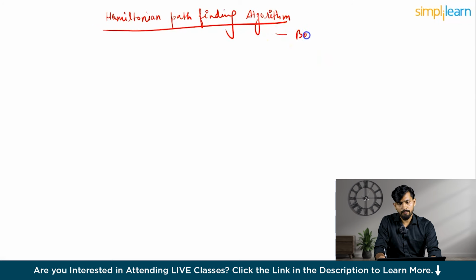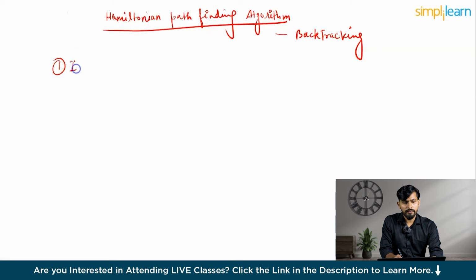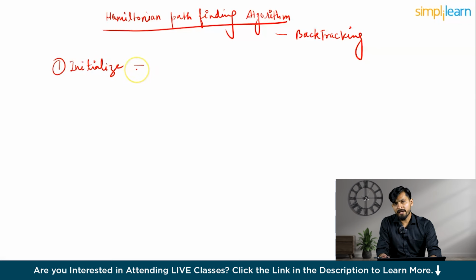So our approach will be backtracking. Initially, we are going to initialize: we start with a vertex, mark it as visited and initialize the path with this vertex. The next step would be a recursive search.